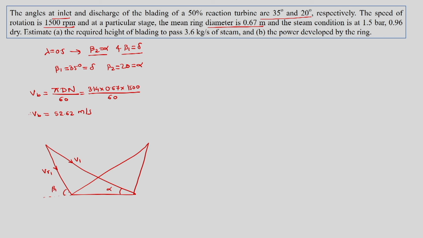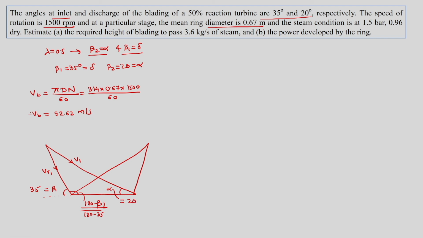So this angle will be 180 minus beta 1, and for us beta 1 is 35, so 180 minus 35 is 145, and alpha is given to us as 20 degrees.